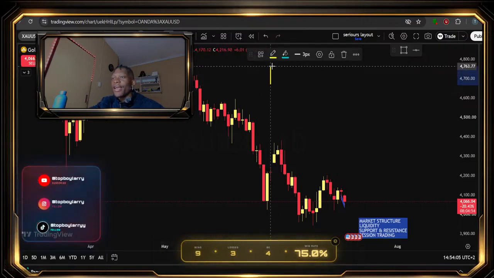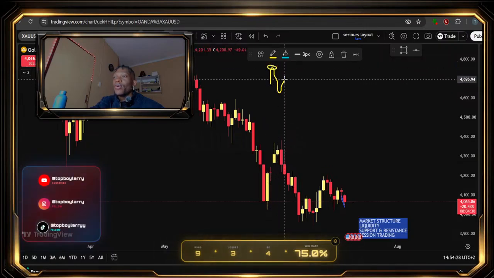This is a high. If price goes down, that's a lower low. And then when price comes back up, it is creating a lower high, as long as price does not come into this area.